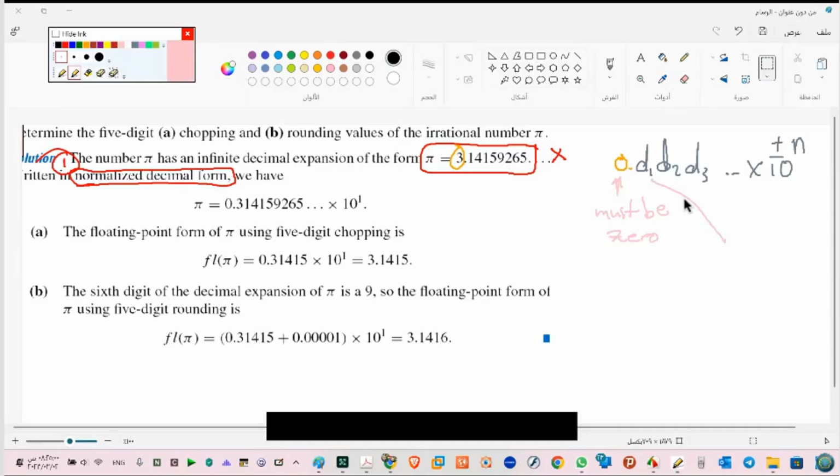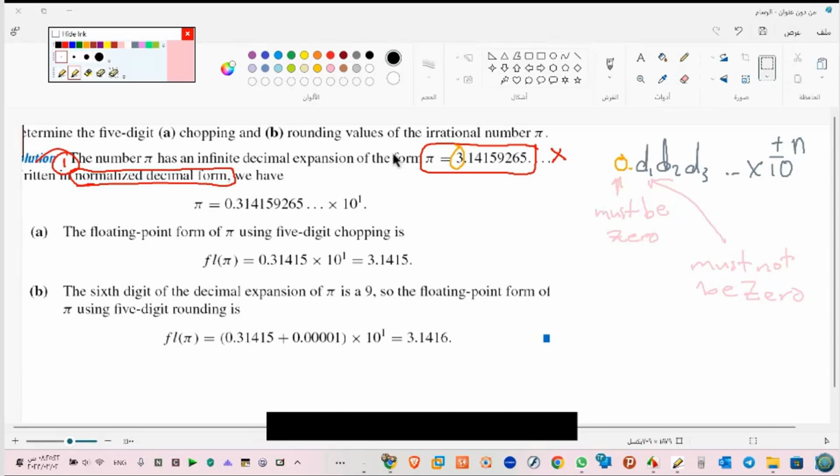Again, the first digit after the dot must not be 0. So before the dot, the integer part should be 0, and the first digit after the dot must not be 0.